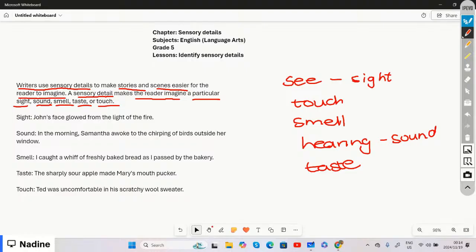So we're going to look at examples of the type of wording or sentences that the writer would then use in order to make these scenes easier for us to imagine.